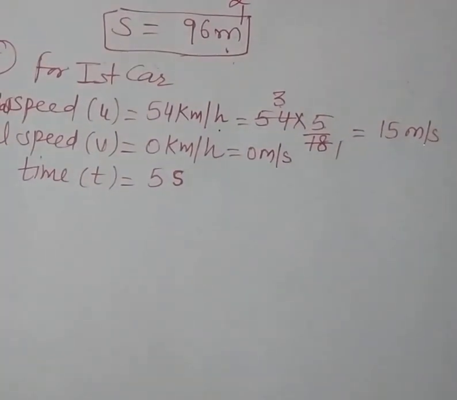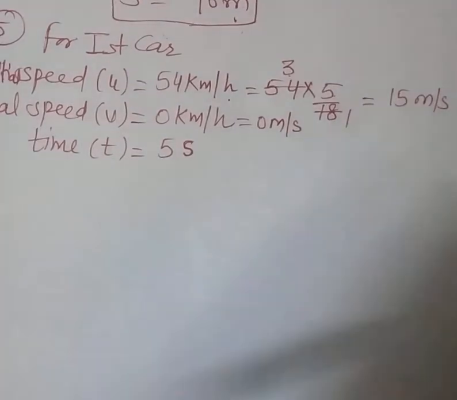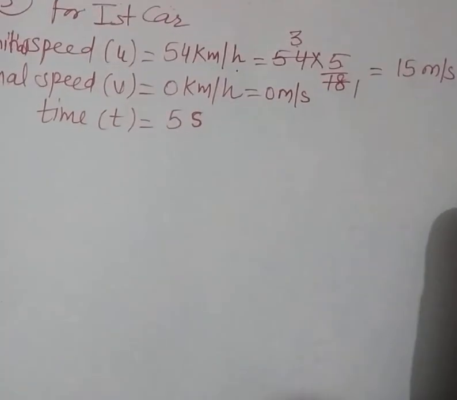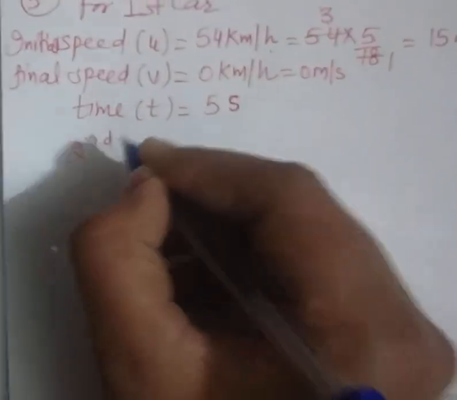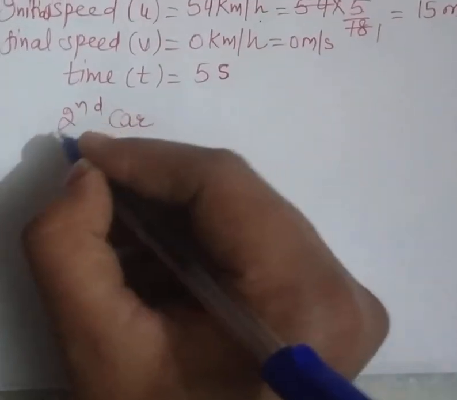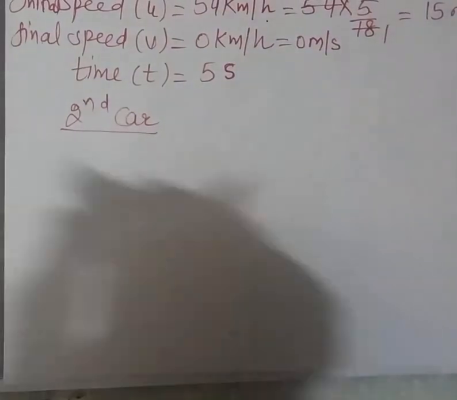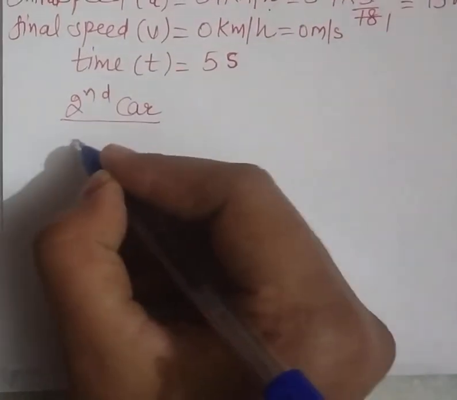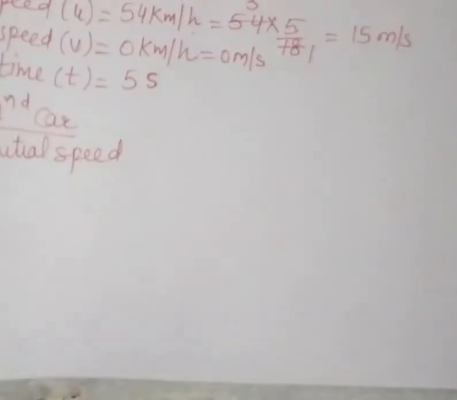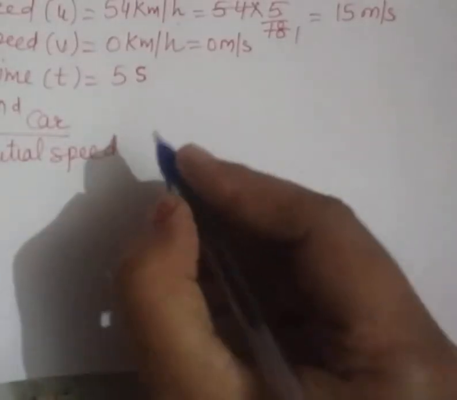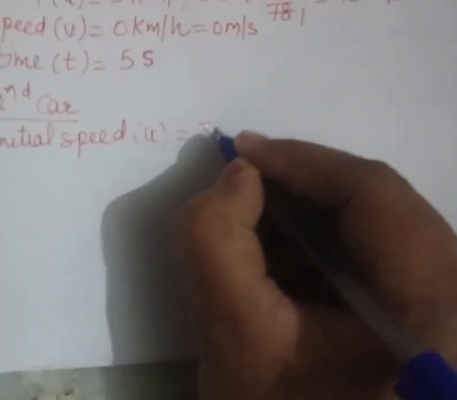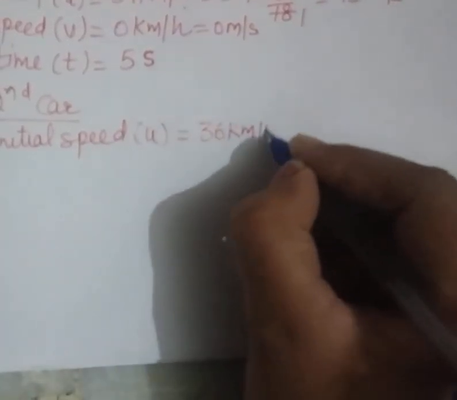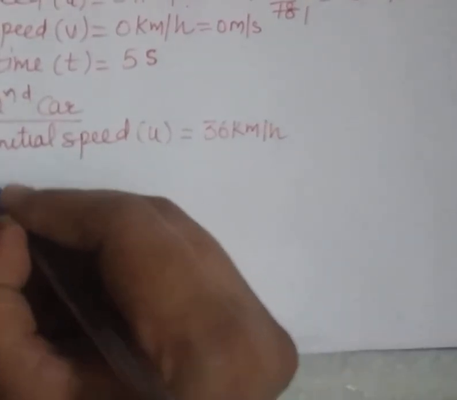Simultaneously, there is another driver traveling the car with initial speed 36 kilometer per hour. It means for the second car, initial speed u is 36 kilometer per hour. Similarly, it applies brakes.